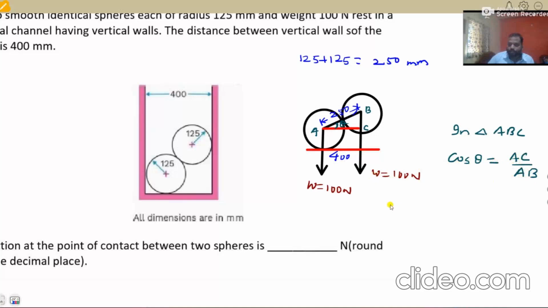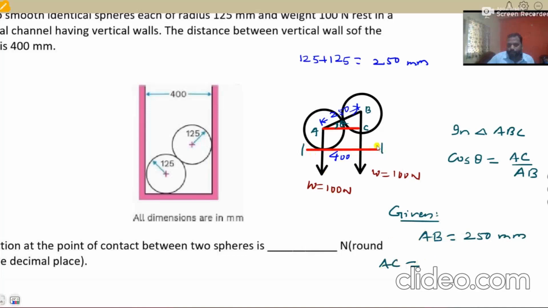Now what is given? The given data is AB. AB is 250 mm. Now I have to find out AC. How will I find AC? AC will be up to this distance.